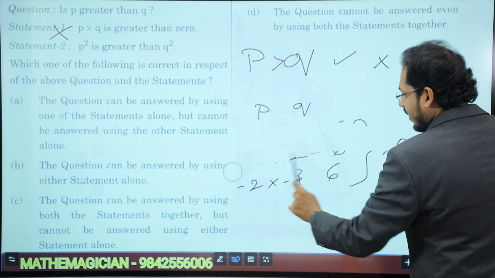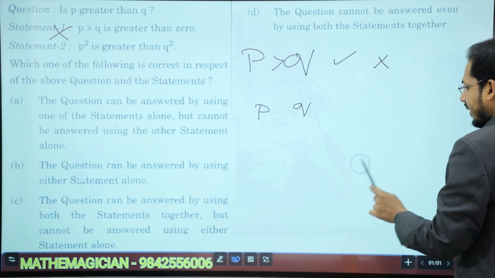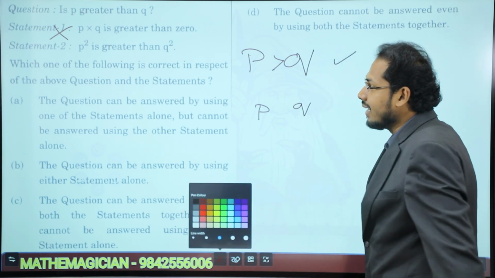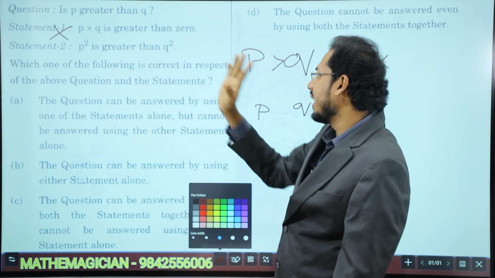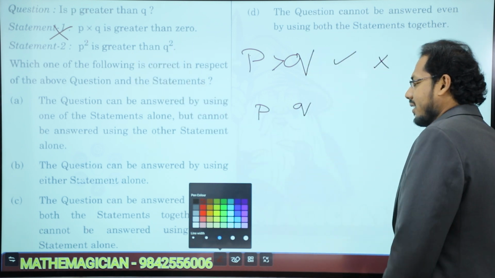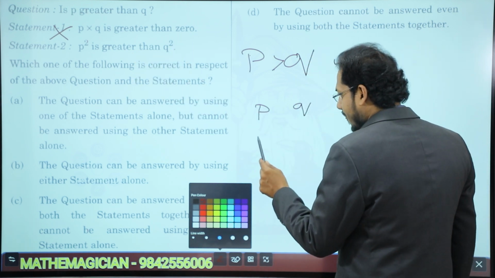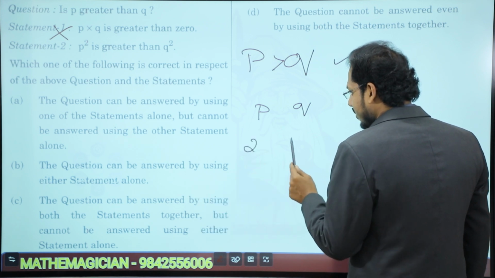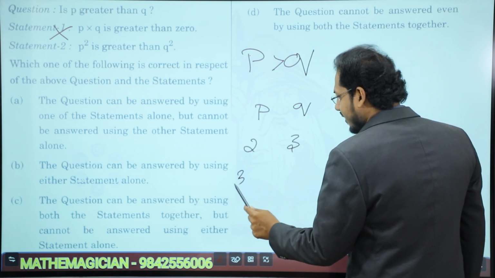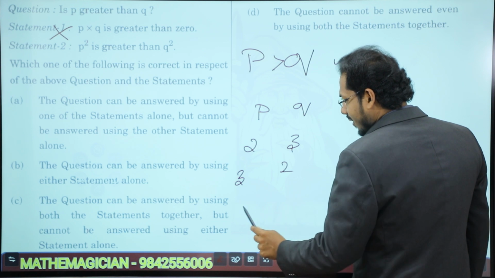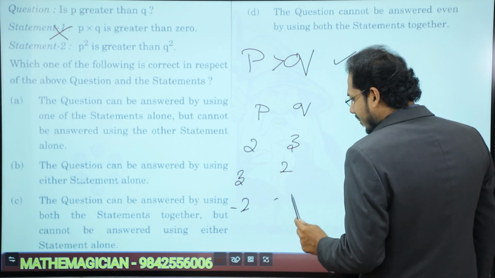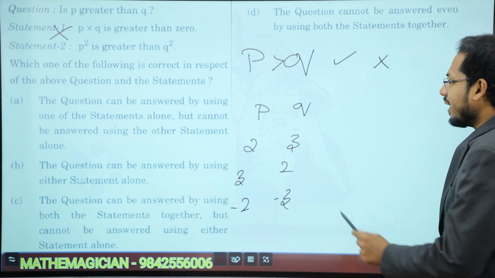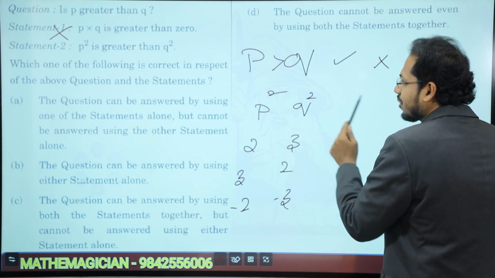Next statement: P square is greater than Q square. Correct. Let's take P is 2, Q is 3, and here 3, here 2, and minus 2, minus 3. P square and Q square.